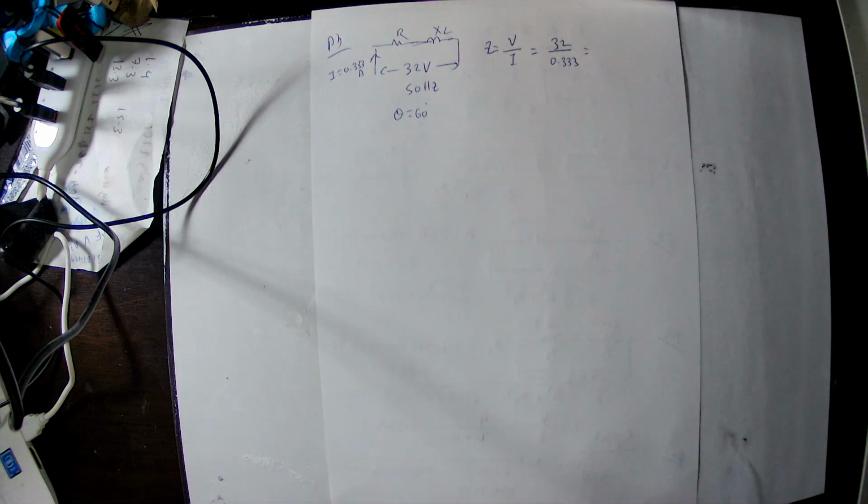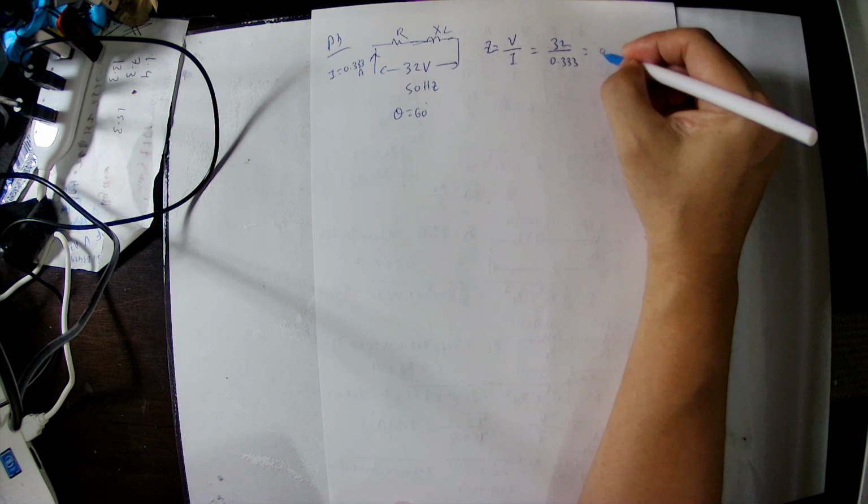So 32 divided by 0.333, we can find out the impedance Z. So you got 96 ohm.